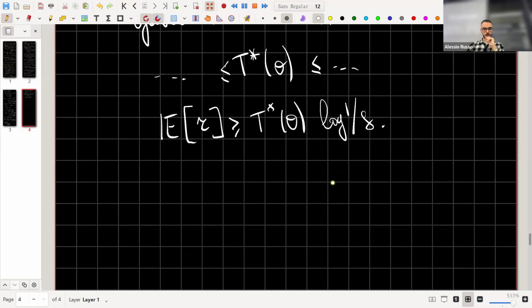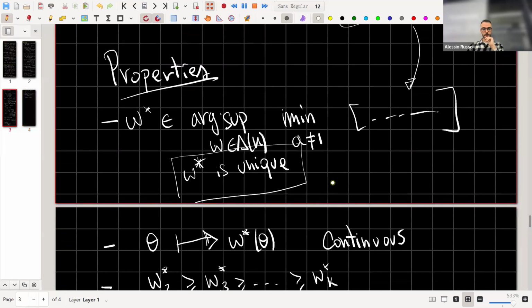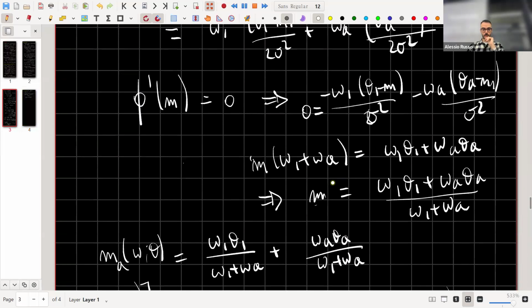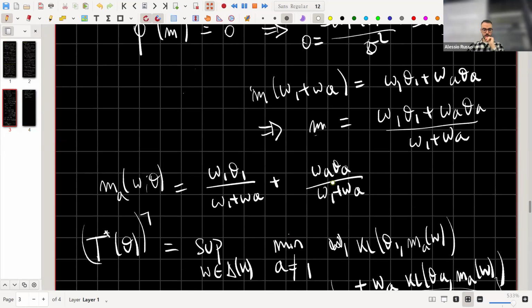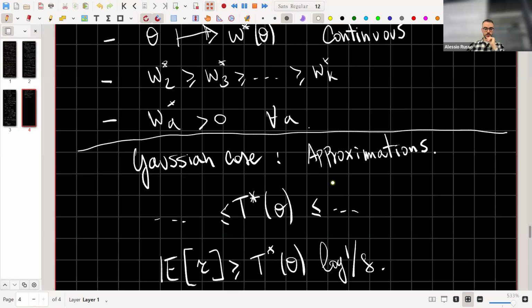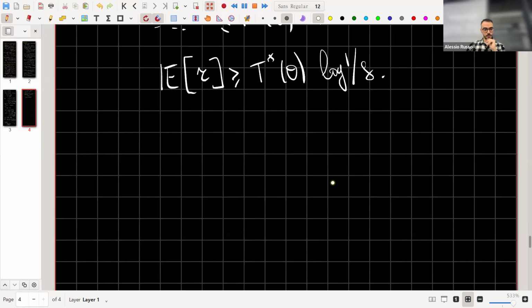And to derive the upper bound, we first need to simplify the expression that we have. So if you remember the T star, yes, we have this quantity here. So I'm gonna rewrite it.